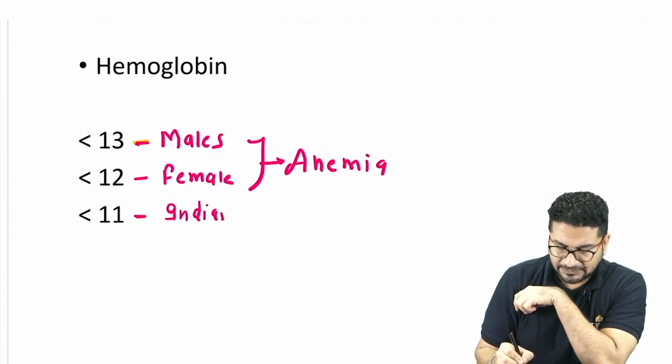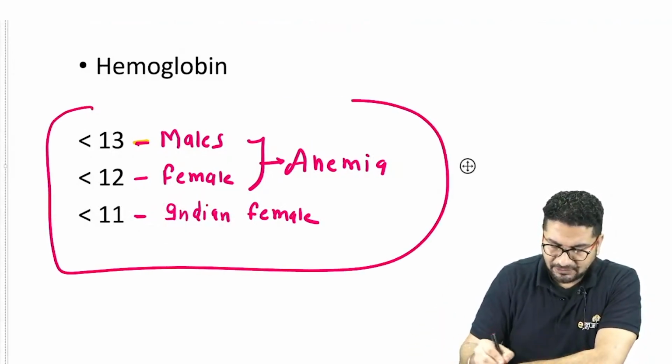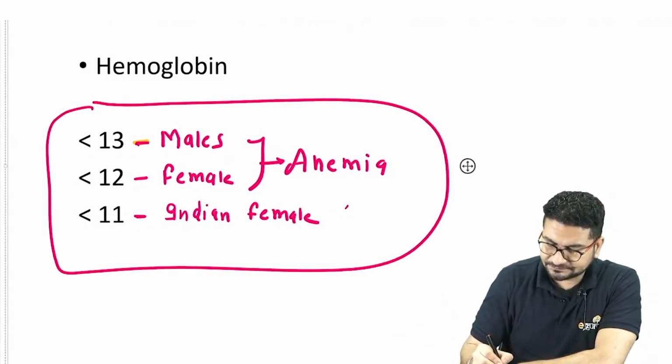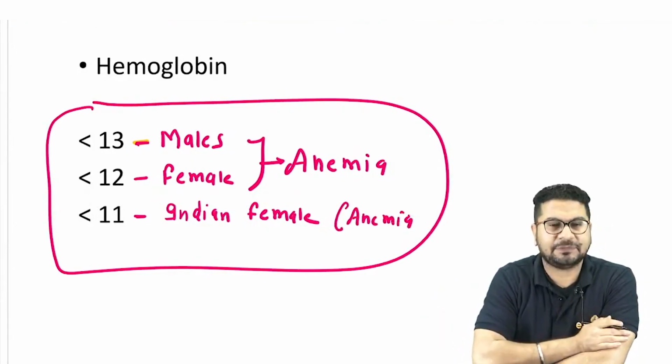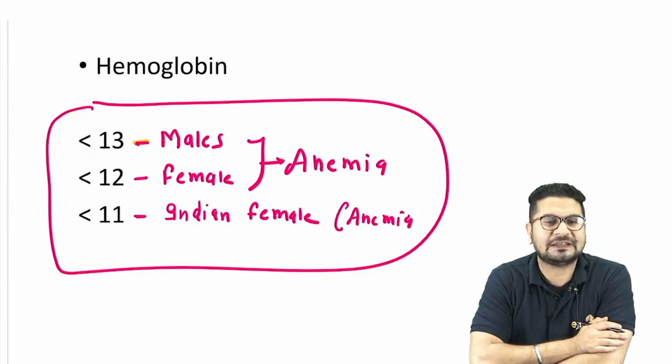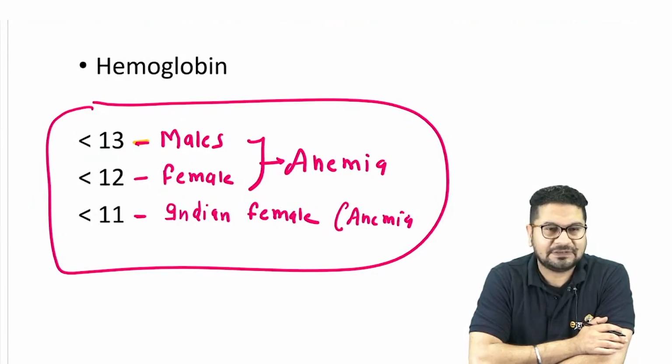So for Indian females, the range is less than 11. So understand this, anemia, how we defined? We defined anemia when hemoglobin values are less than 13 in case of males, less than 12 in females, and less than 11 in case of Indian females. Am I clear?